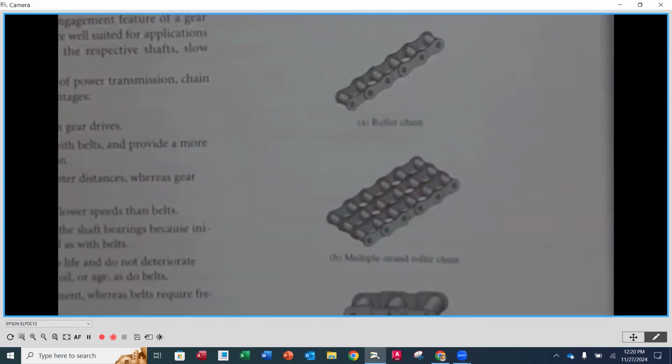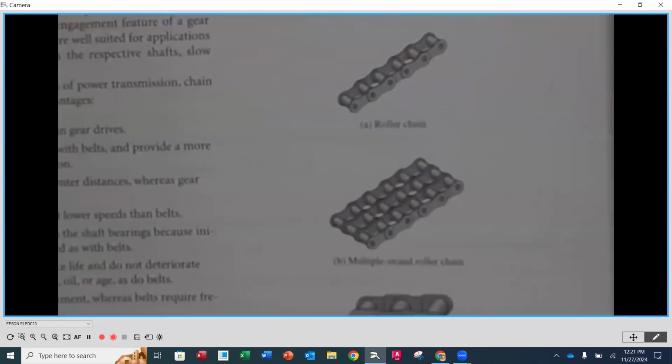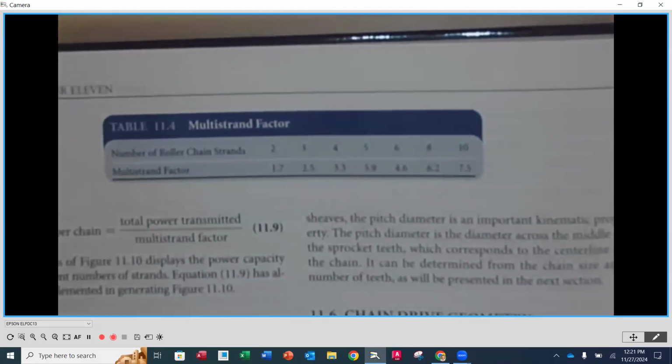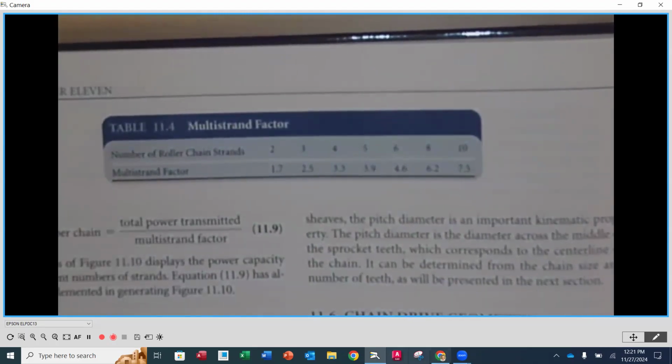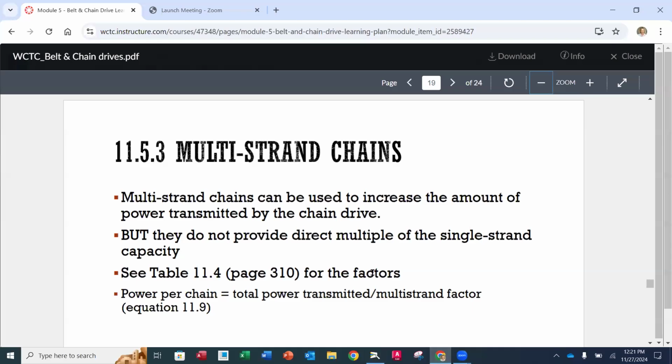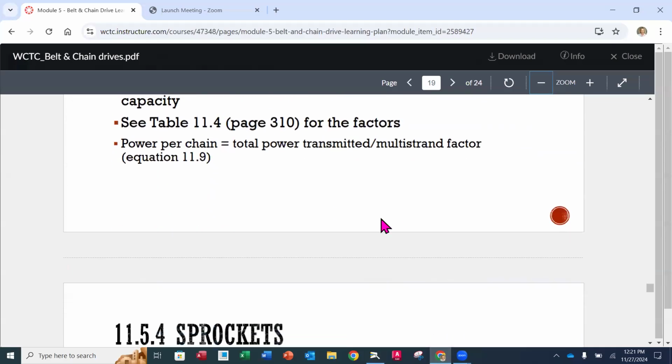Okay, so we can't gain the same amount of strength because part of the strength comes from the tensile strength of pulling apart one single strand. Does that make sense? Okay, so keep in mind that if you do multi-strand, you don't get a 1-to-1 increase in the power capability that can be transmitted. You need to look at the factors on the table up here. Okay. So that's multi-strand. Let's go back over here. The factors. There we go.